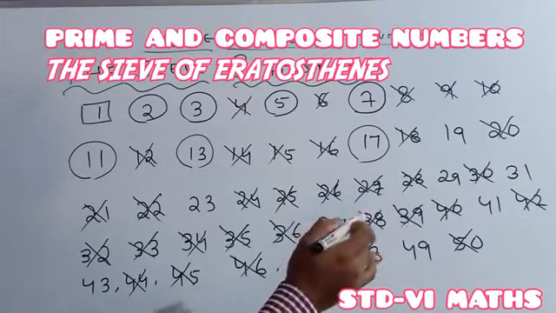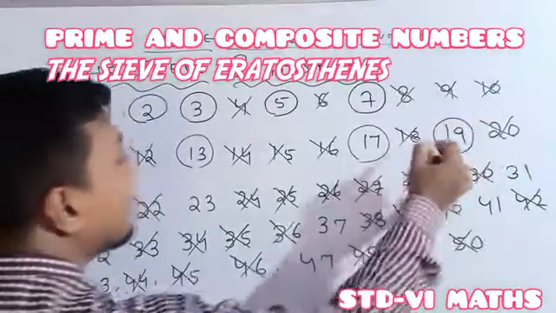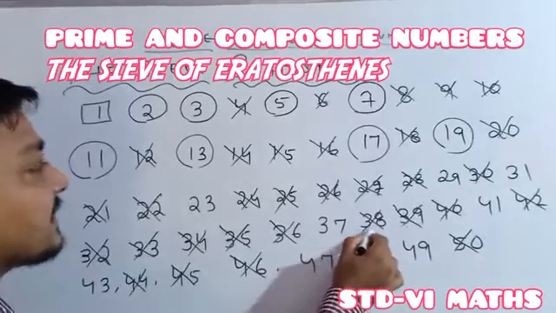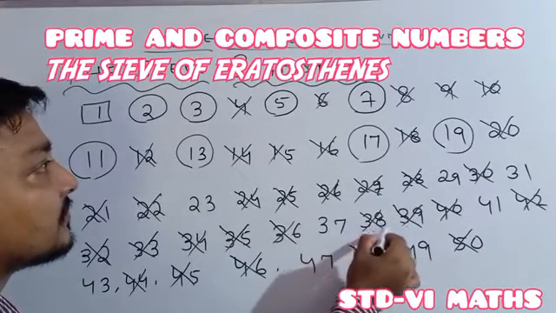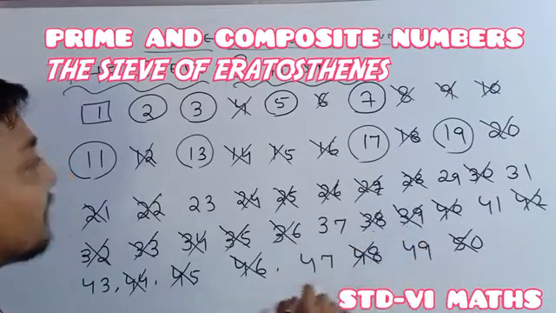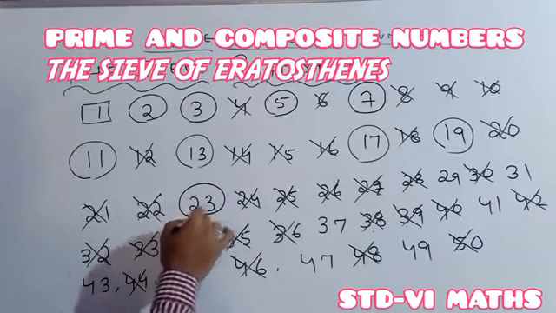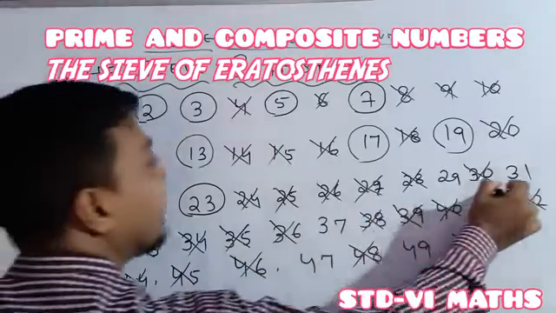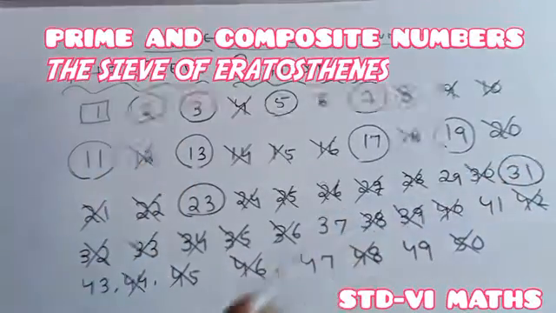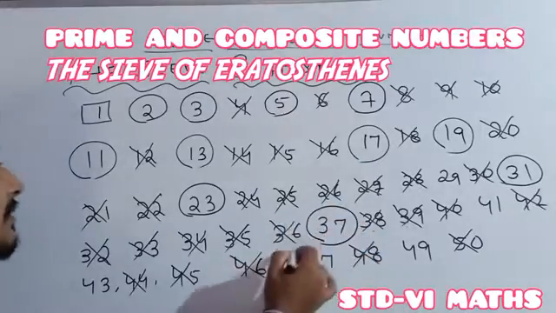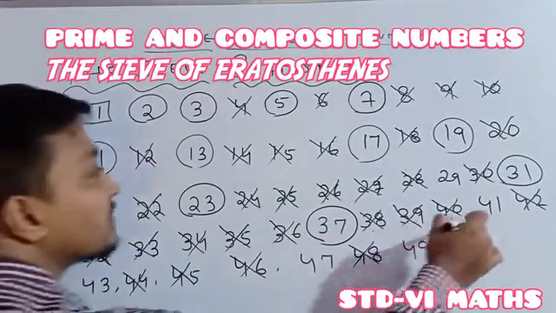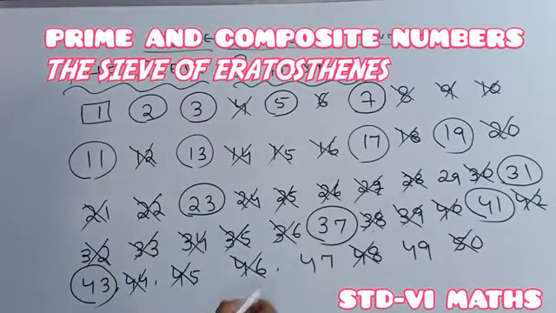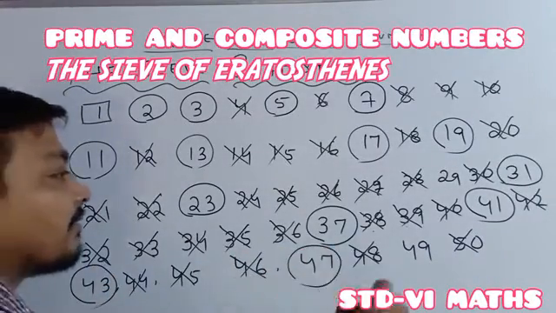Then 19, here it is 19, then 38 cancelled; 19 3s are 57, not in our discussion. Then 23, 46 cancelled. Then 31, then 62, not in our discussion. Then 37, its 74 is not in our discussion. 41, 43, their multiples are not in our discussion.